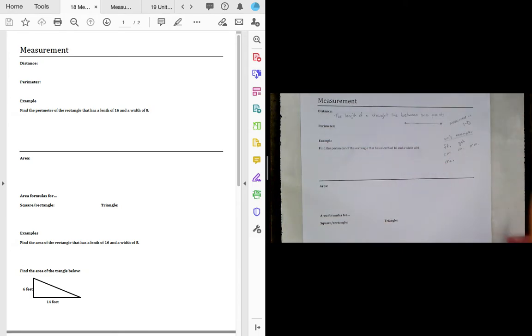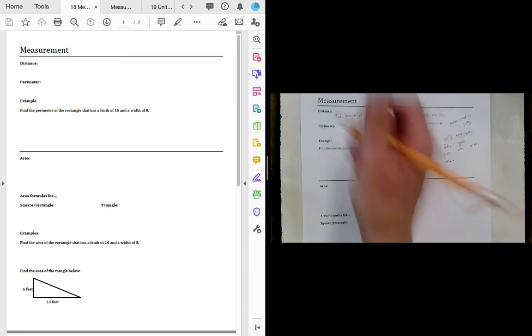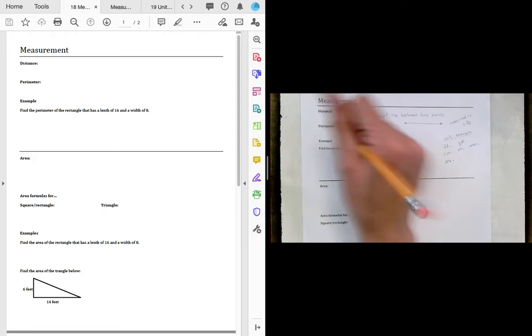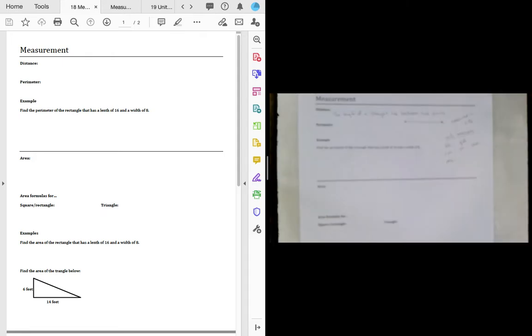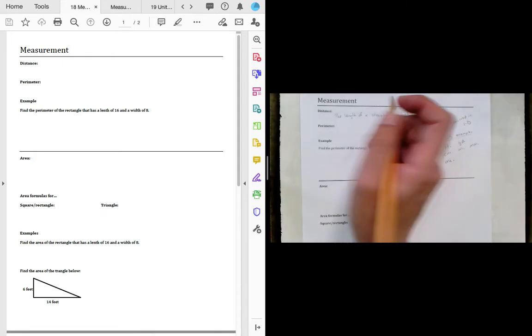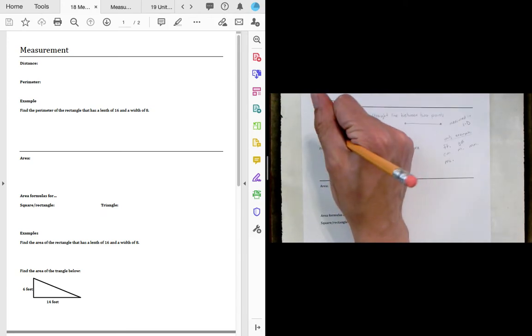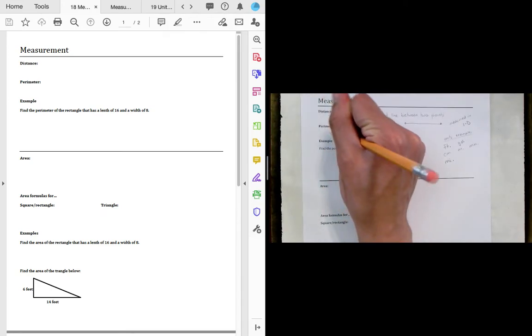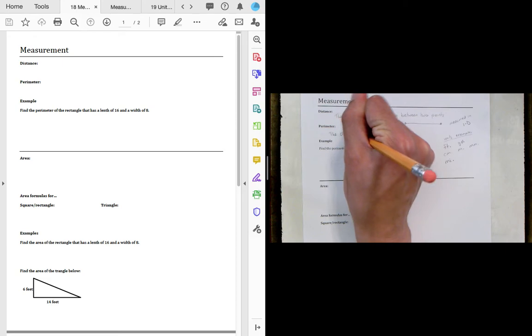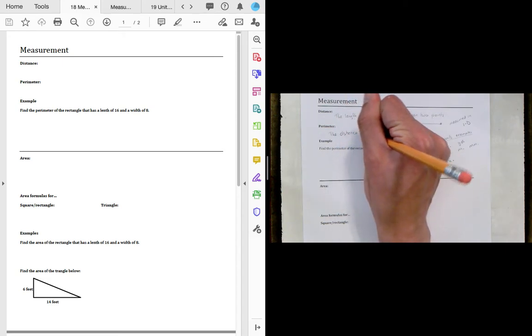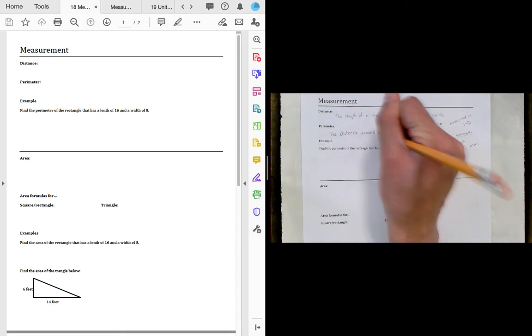to the next. Perimeter is something we commonly use when we're measuring in 1D, and perimeter is the distance around an object. So I'm going to write it as the distance around an enclosed object.